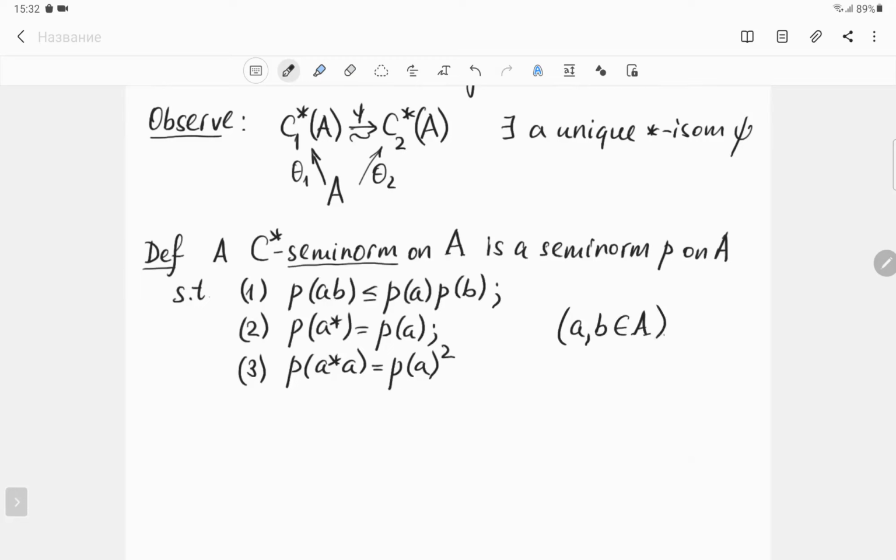In other words, a C-star seminorm is something like a C-star norm, which is allowed to vanish on non-zero elements.